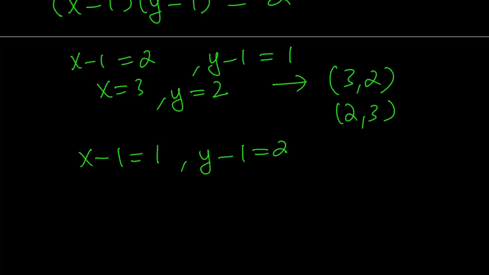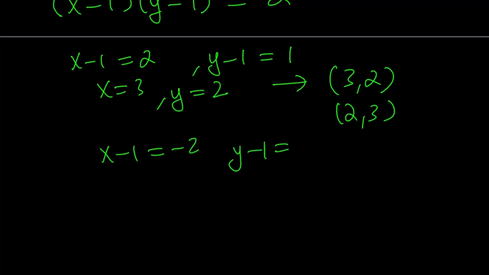This implies, well, I just contradicted myself. We don't need to check that. I meant to say, what about x - 1 = -2 and y - 1 = -1? In this case, I get x = -1 and y = 0. Now, this is not good, even though you might be thinking, hey, (-1, 0) is a valid solution, or (0, -1).